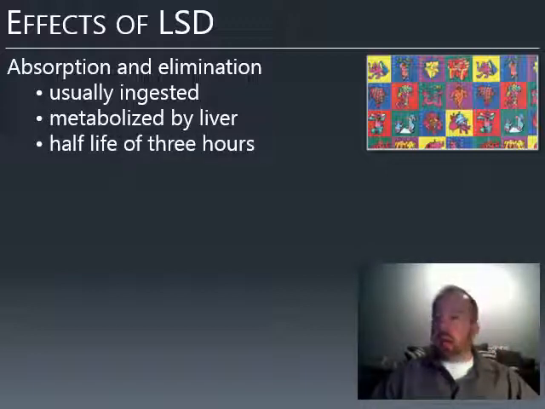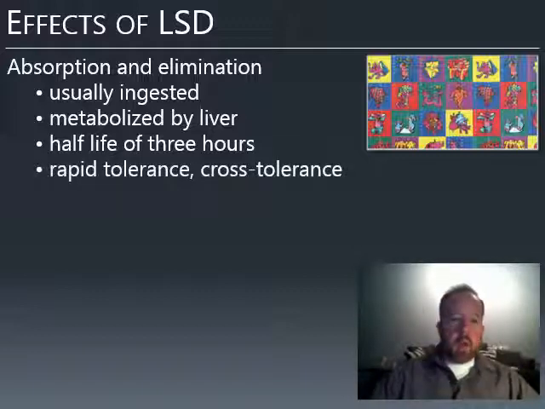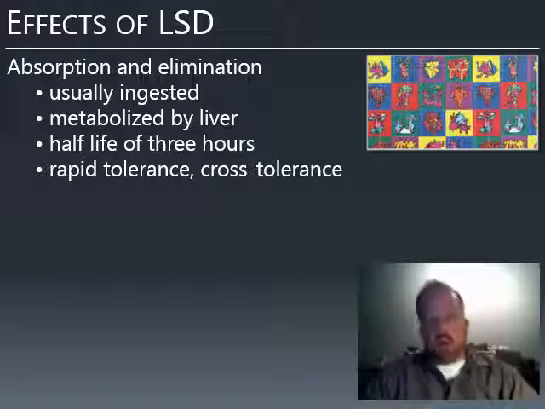It's not like nicotine or even like alcohol, where the half-life is relatively short. LSD has a half-life of 3 hours, and so this corresponds to how long the experience lasts. The experience can often be longer than that, especially the higher the dose taken. Tolerance actually builds up fairly quickly to LSD.